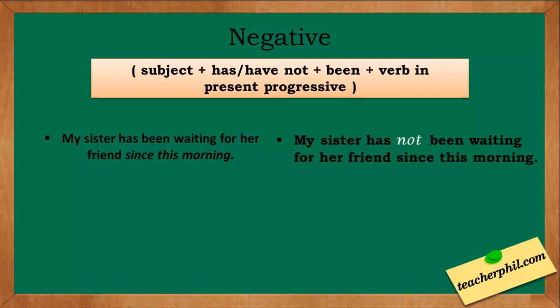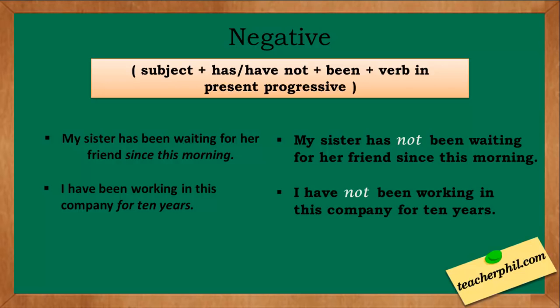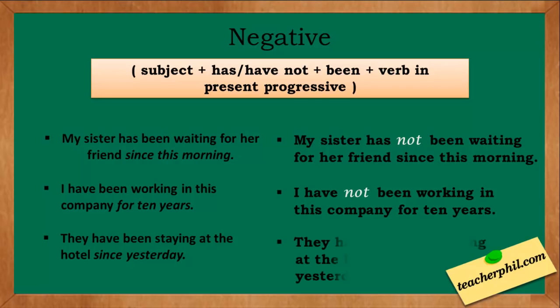My sister has not been waiting for her friend since this morning. I have been working in this company for 10 years. I have not been working in this company for 10 years. They have been staying at the hotel since yesterday. They haven't or have not been staying at the hotel since yesterday.